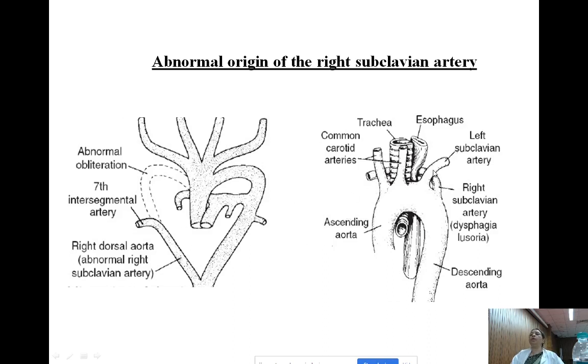So it will go behind the esophagus and the trachea, and then it enters into the right limb. In that case, the esophagus may be constricted or may not be constricted. Compression of the esophagus and trachea may also occur if that right subclavian artery is formed from the right dorsal aorta.